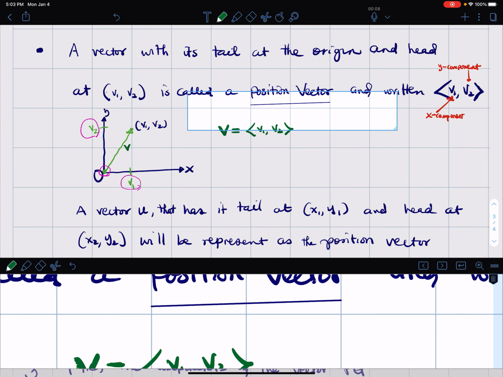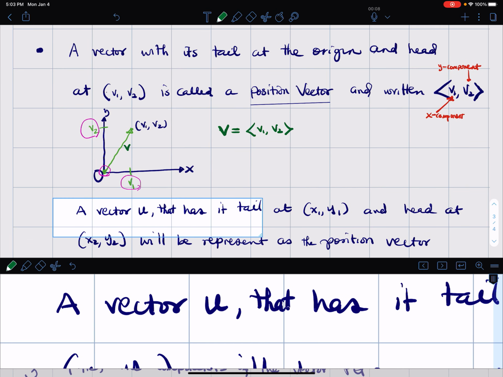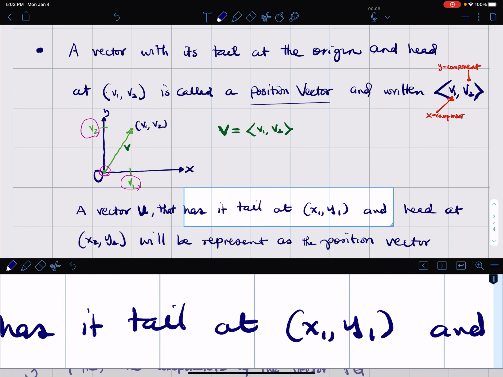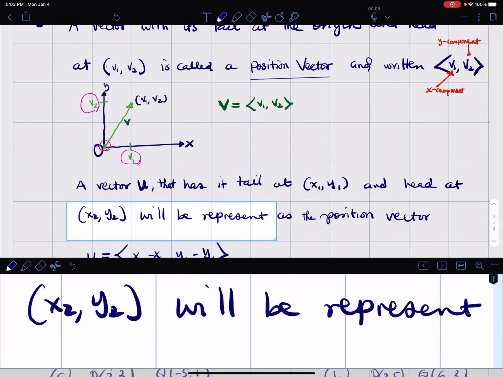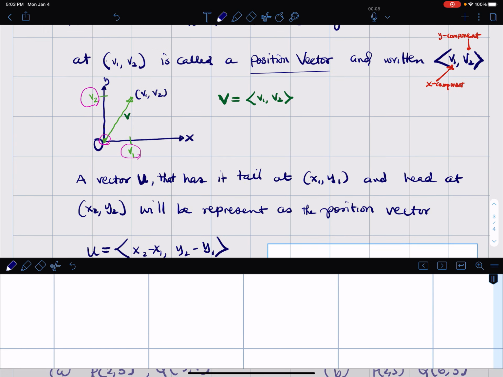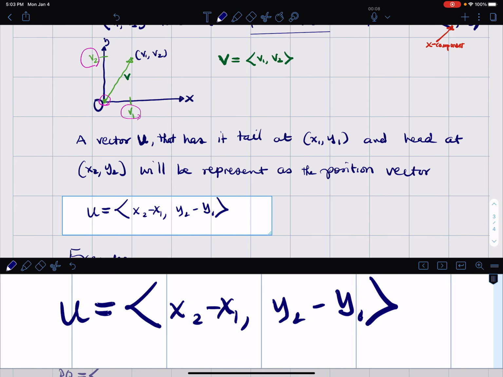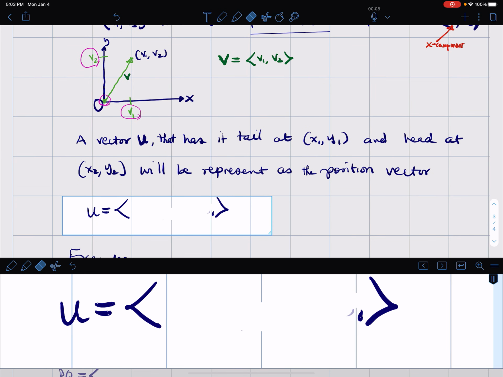But not all vectors have their tail at the origin. So let's assume we have a vector u, and u has its tail at the point x1, y1, and has its head at the point x2, y2. We can write it as a position vector by just performing some subtractions.